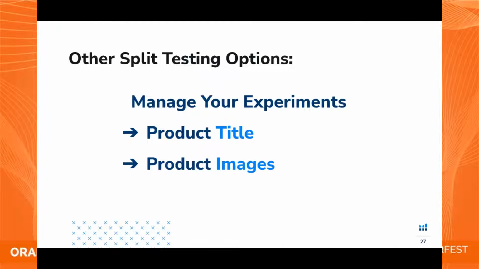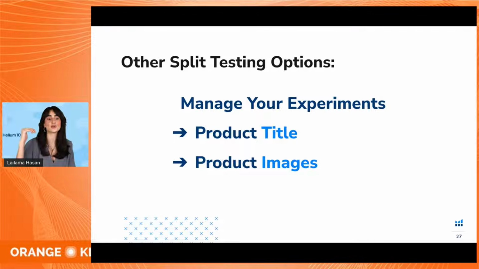This tool is built into your Seller Central, and it lets you A/B test, which is another term for split testing, and you can run these tests on different aspects of your listing. Originally it was only for your A+ content, but now it includes your product title and product main image, actually, if I'm going to be particular. So you can run it on your main image, your title, as well as your A+ content.